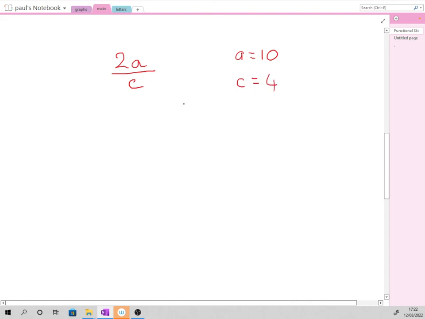Now we go back to an earlier lesson, BIDMAS, so that we do things in the right order. So on the top this becomes 2 times whatever a is, which is 10, and underneath, whatever c is, in this case 4. So this becomes 20 divided by 4, which equals 5.